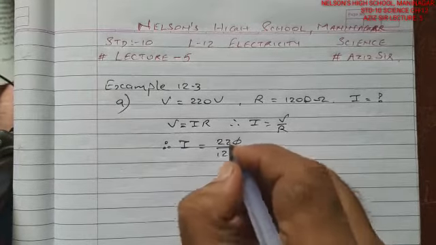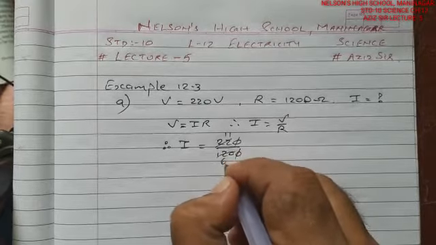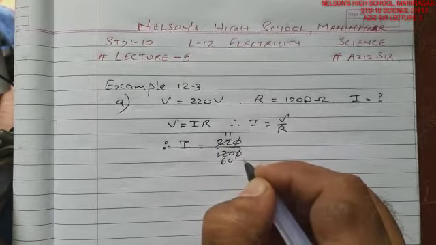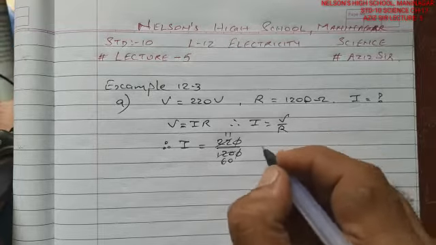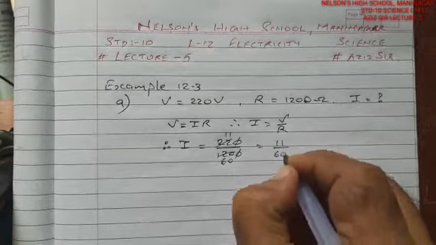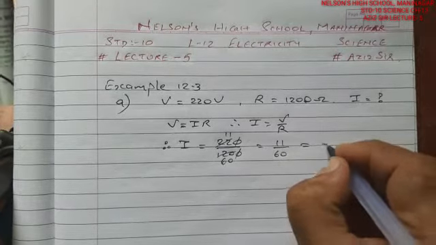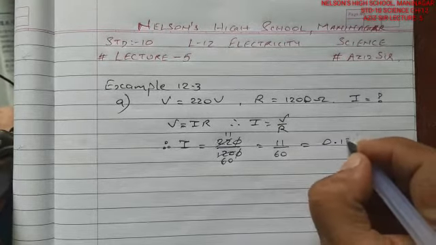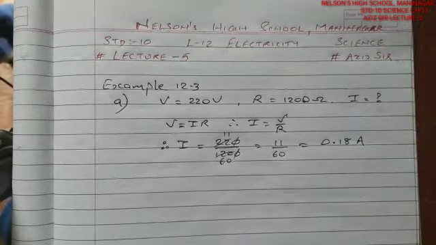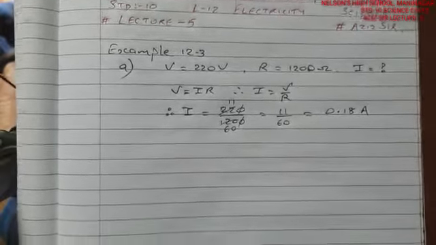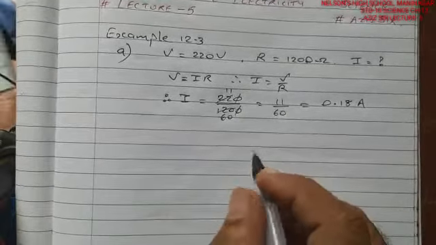Cancelling, it comes out to be 11 over 60. Dividing 11 by 60, the value comes out to be approximately 0.18 ampere. Fine. So 0.18 ampere is the value coming out. You may divide it and see.